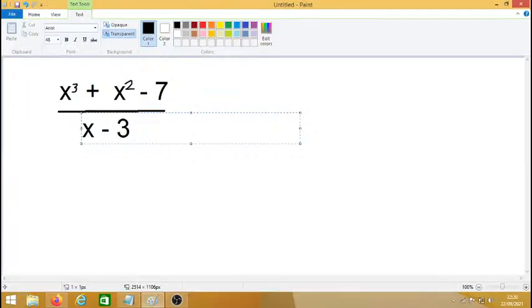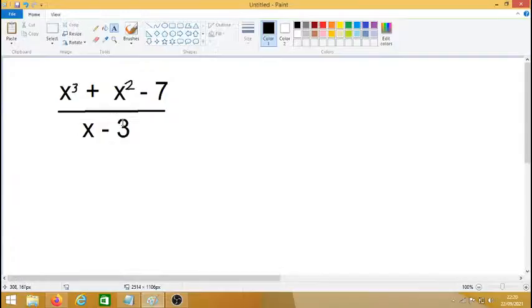So you won't need to learn anything new. We're going to use the same technique, but this time within the division we're going to have algebra on the inside and the outside. Let's have a go.